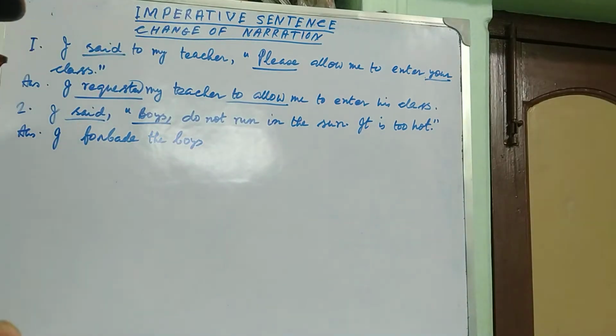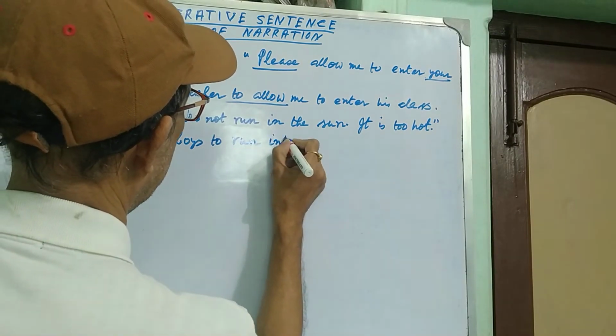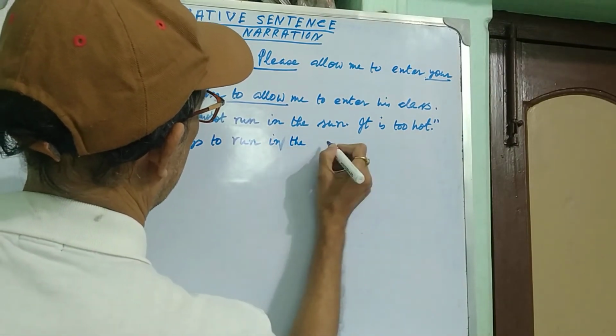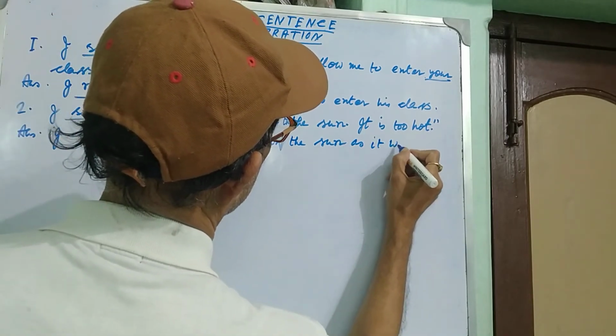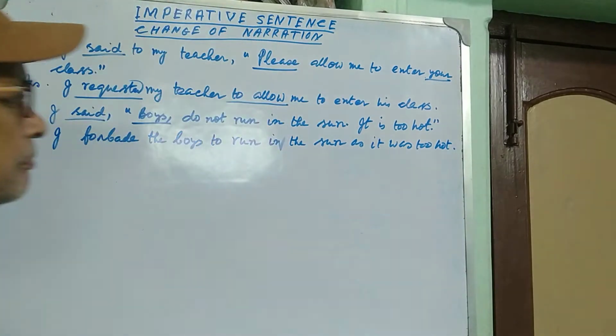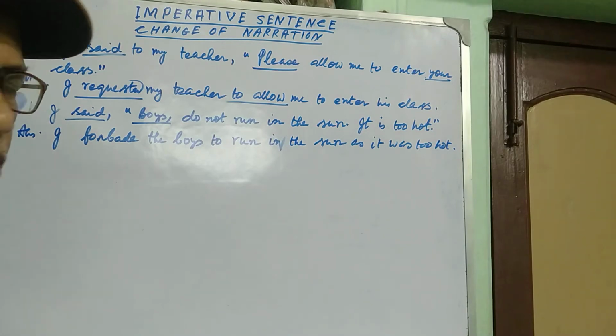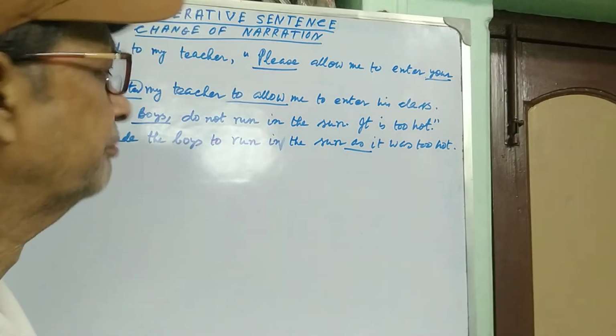You should not use "not" again, because forbid itself is negative. I forbade the boys to run in the sun as it was too hot. "As" is an adverb clause of reason.